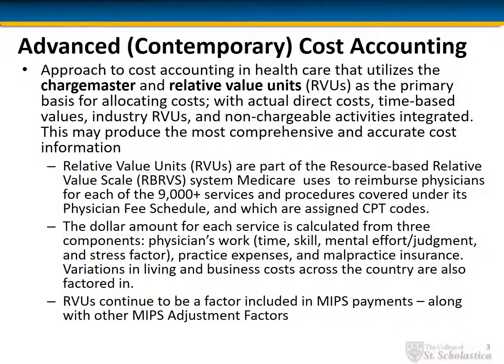While the charge master and RVUs for all professionals are the key factors in the advanced cost accounting methodology, other factors are also considered to arrive at an accurate total cost. These include actual direct costs, time-based values, industry-level RVUs, and non-chargeable activities.